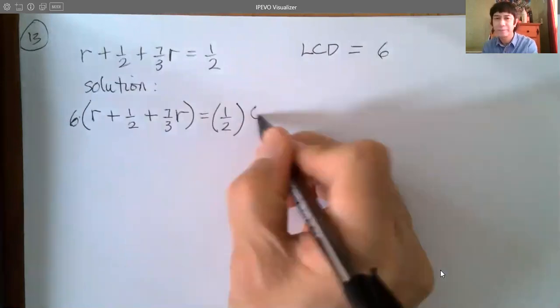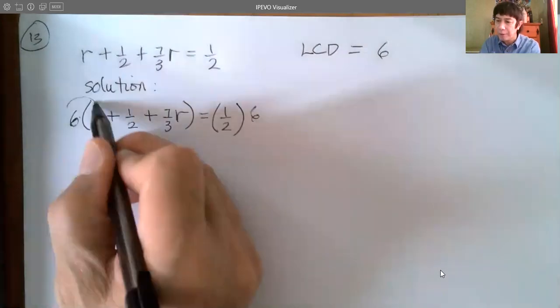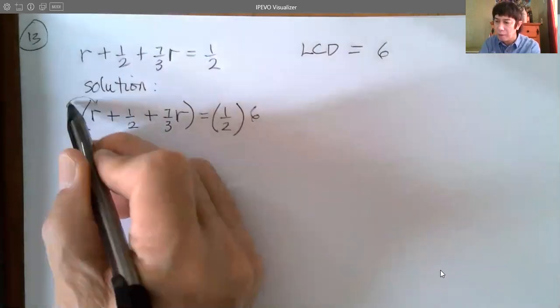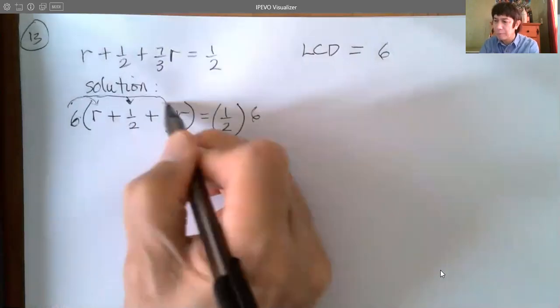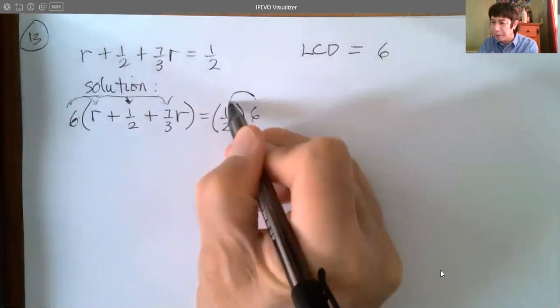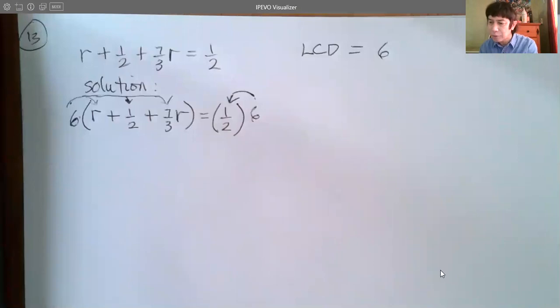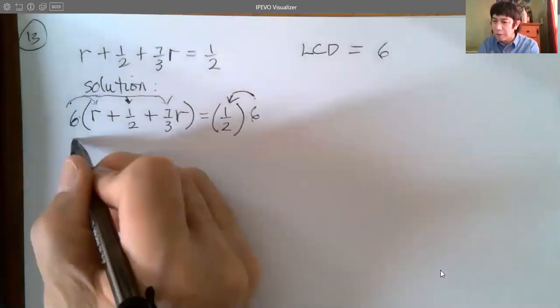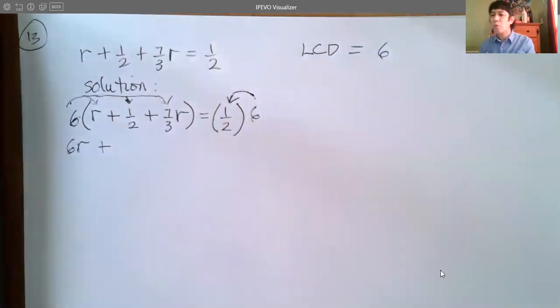There. Okay, now using the distributive property, you will notice this number 6 will be multiplied by R. This will also be multiplied by the 1/2. This will also be multiplied by the 7/3. And this number 6 will be multiplied by the 1/2. So this will be 6 times R. This will be 6 times 1/2.